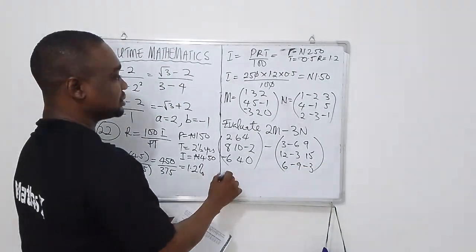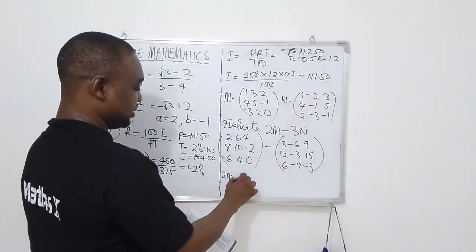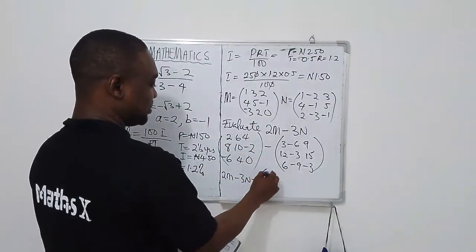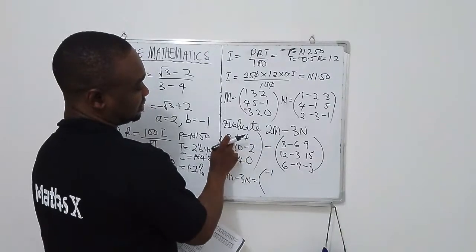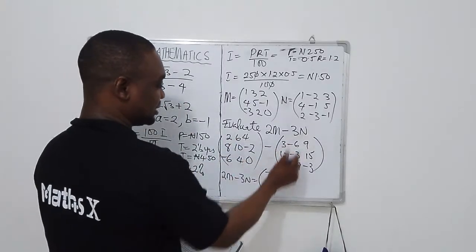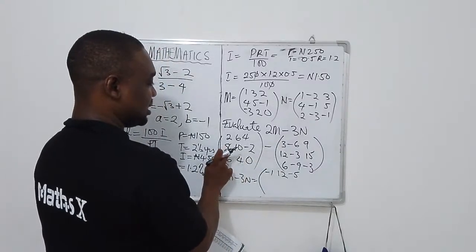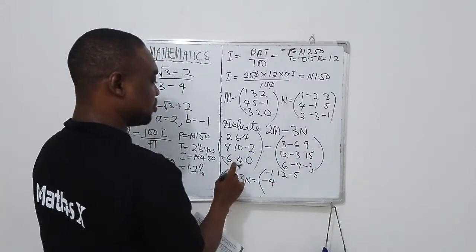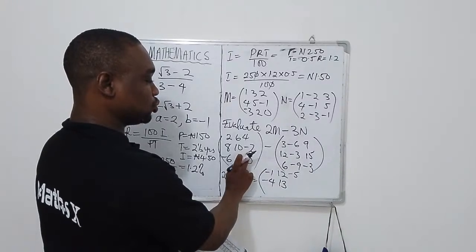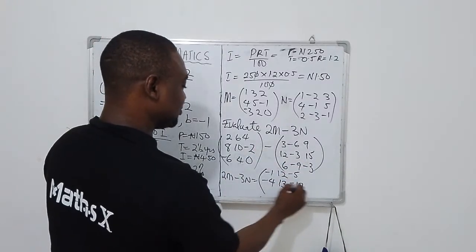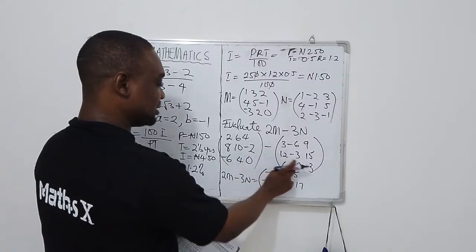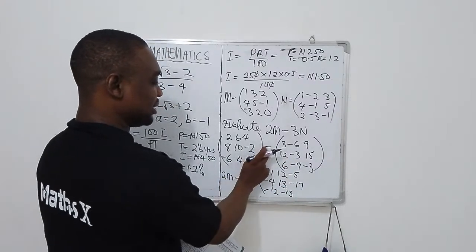So here we go. Our 2M minus 3N will be: 2 minus 3 is minus 1, 6 minus minus 6 is 12, 4 minus 9 is minus 5, 8 minus 12 is minus 4, 10 minus 3 is 13, minus 2 minus 15 is minus 17, minus 6 minus 6 is minus 12, 4 minus 9 is minus 13, 0 minus minus 3 is 3.